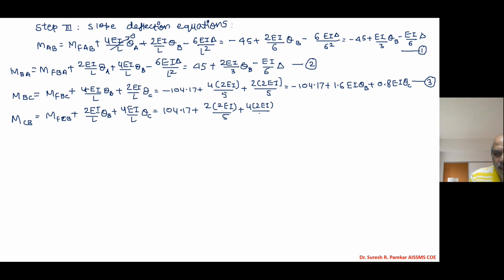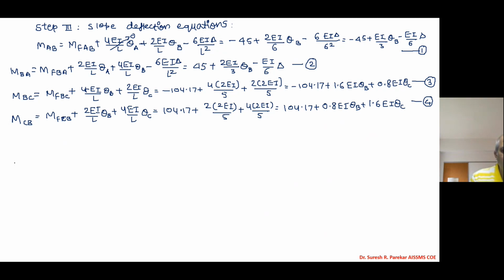You can also omit this and directly go with 104.17 plus 0.8 EI theta B plus 1.6 EI theta C, which is equation number 4.